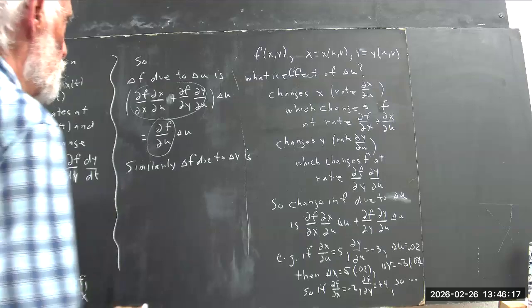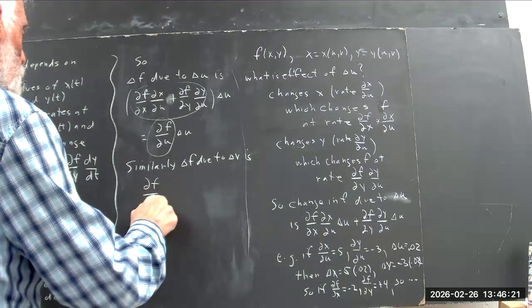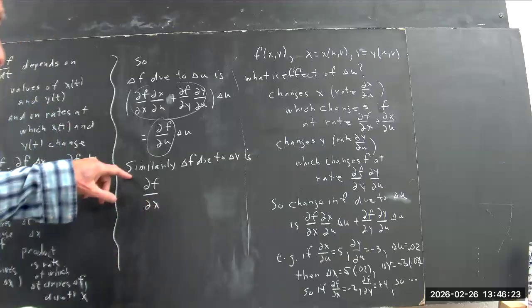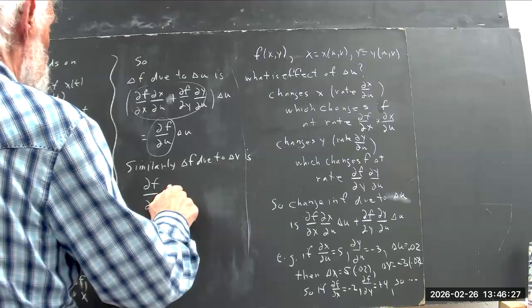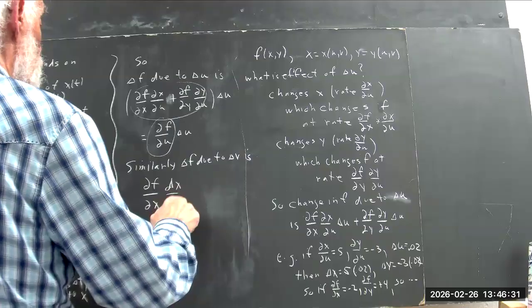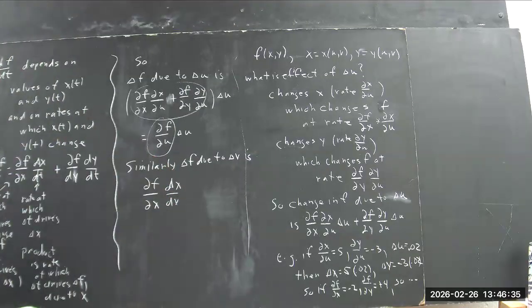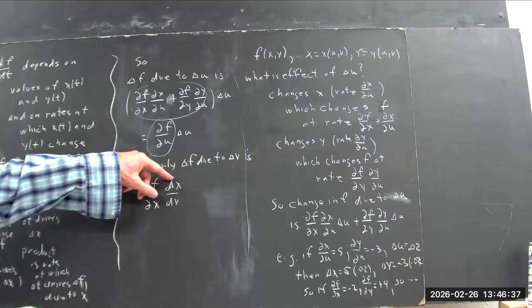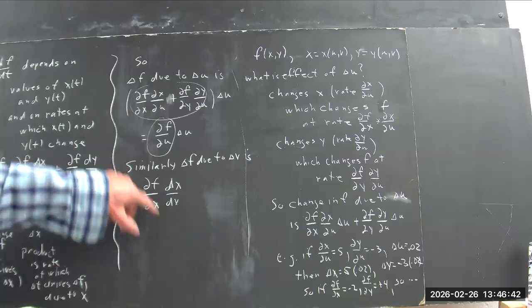The change in f due to a delta v is the partial of f with respect to x times dx dv, the rate at which v causes x to change. V causes x to change at this rate, which in turn causes f to change at this rate.